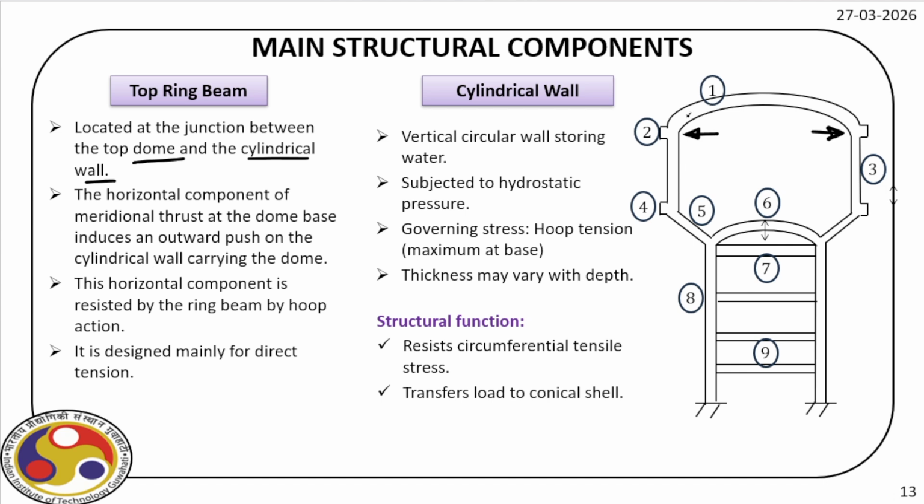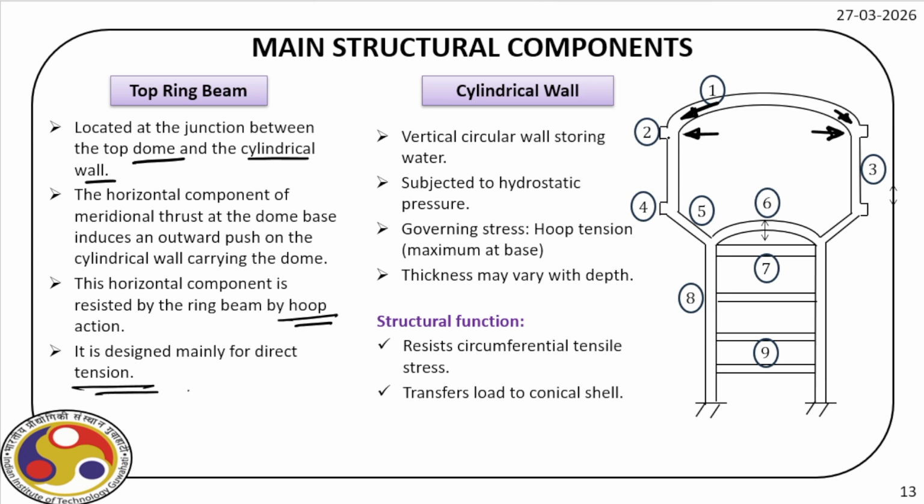So obviously this force coming from the dome at the top will act on this ring beam accordingly. The horizontal component is resisted by the ring beam due to hoop action, and it is designed mainly for direct tension. We will see the design.